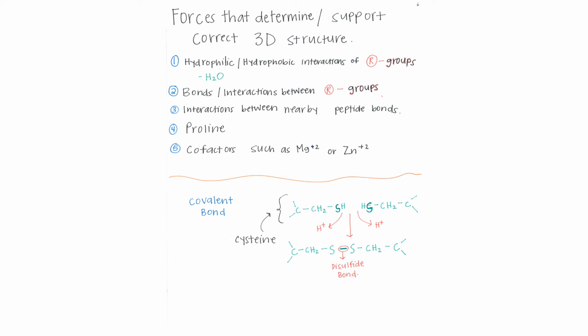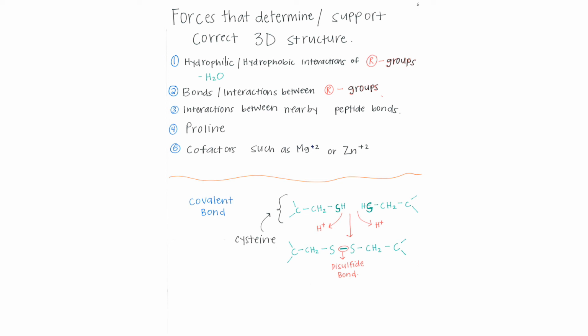There's 5 that I want to mention. One is hydrophobic and hydrophilic interactions of R groups with water. We'll look at that very briefly. The polar R groups would interact with water and the nonpolar would move away from water, which would create some kind of three-dimensional structure.